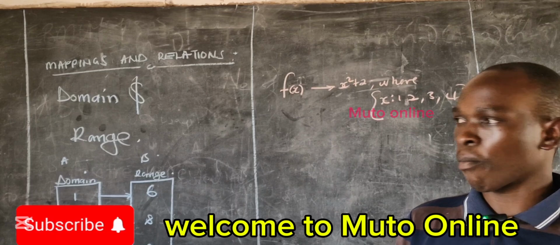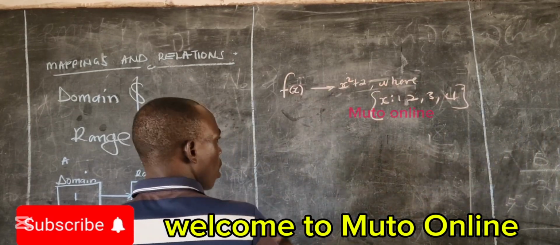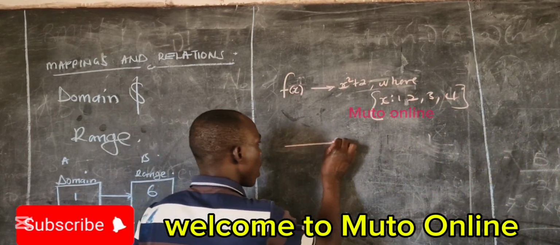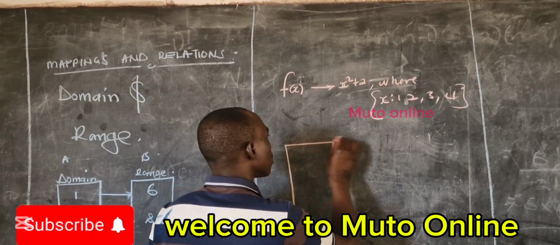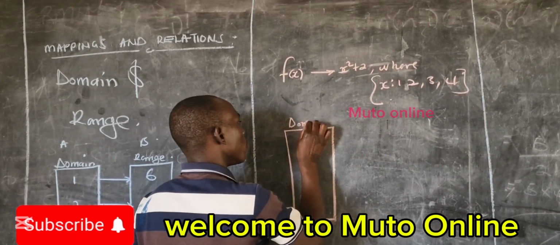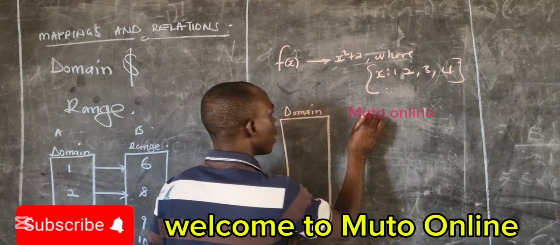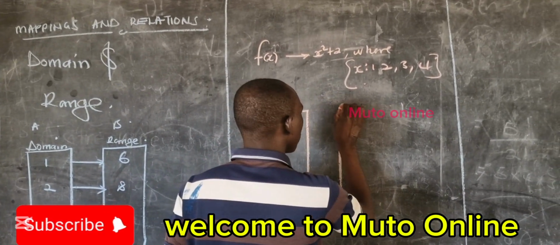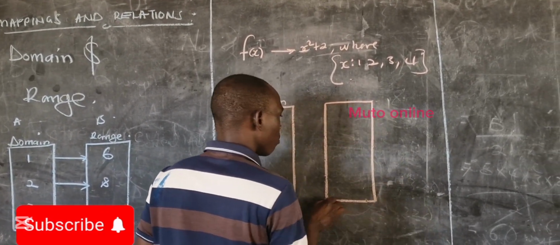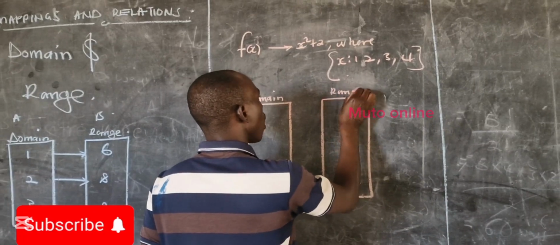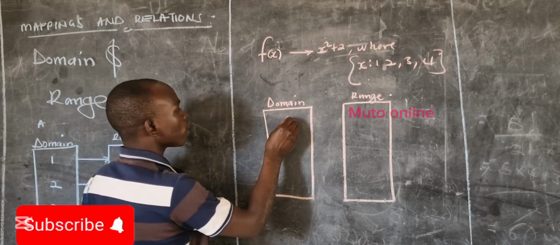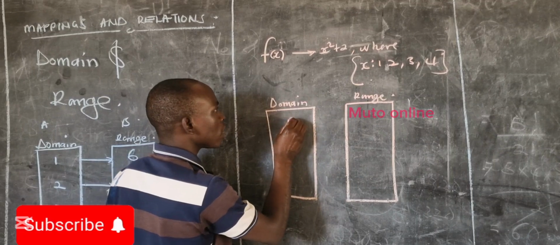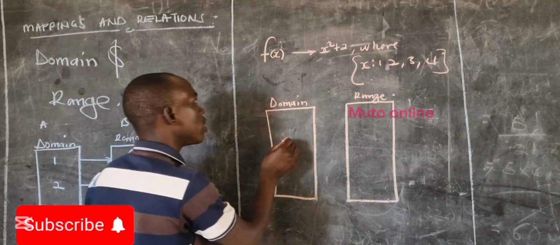What am I meaning? We shall first of all have our arrow diagram, this format here. Here we shall have the domain part, and then on this side, the range part. So this is the range or output values. On the side of the domain, we shall put the x values as described in the function.